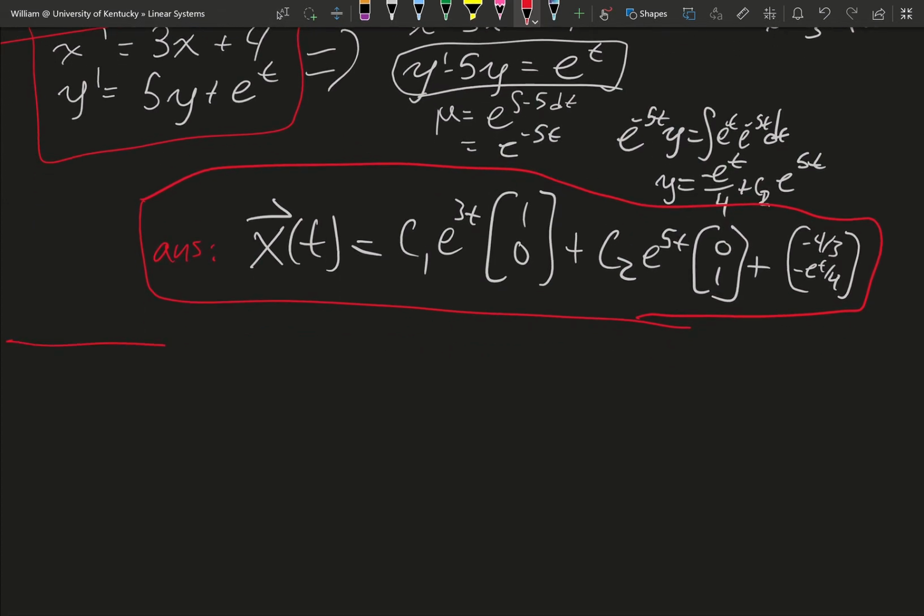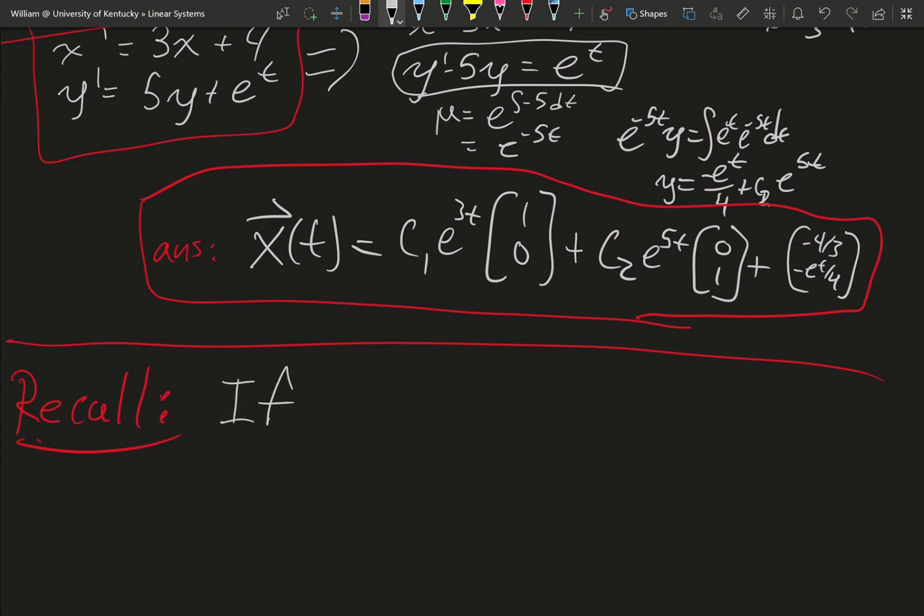Before we get into the main topic, though, I want to just remind everyone of one particular point. I'll give these names, so let's call this equation 1.